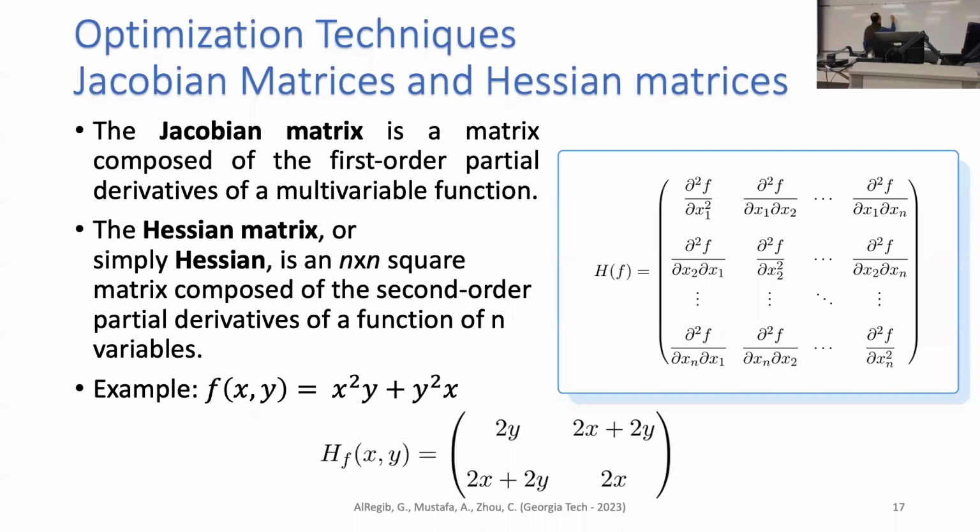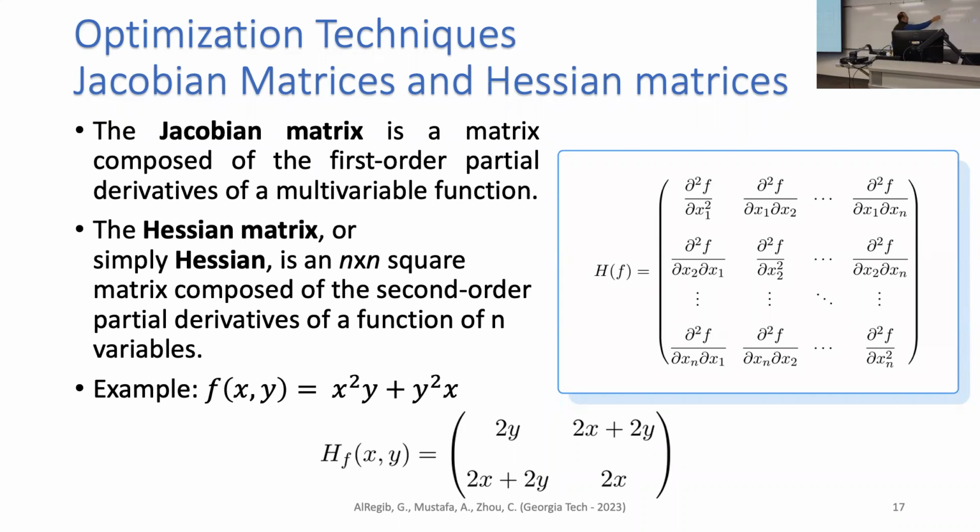Now take the second derivative of f with respect to x squared. What will you get? Take this one, the derivative with respect to x. You get 2y plus 0. The second derivative of f with respect to y for this one, what will you get? 0 for the first one, and then I have 2x, right?